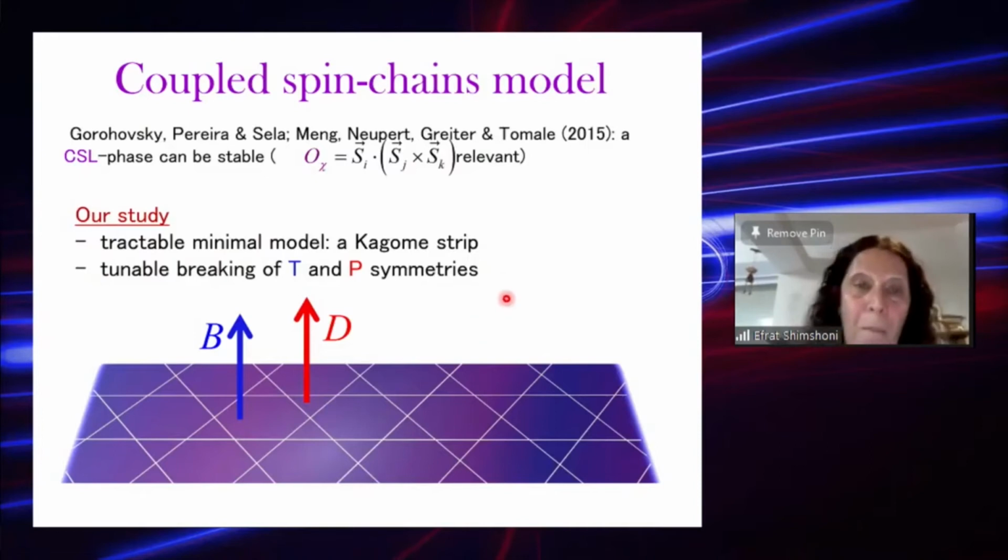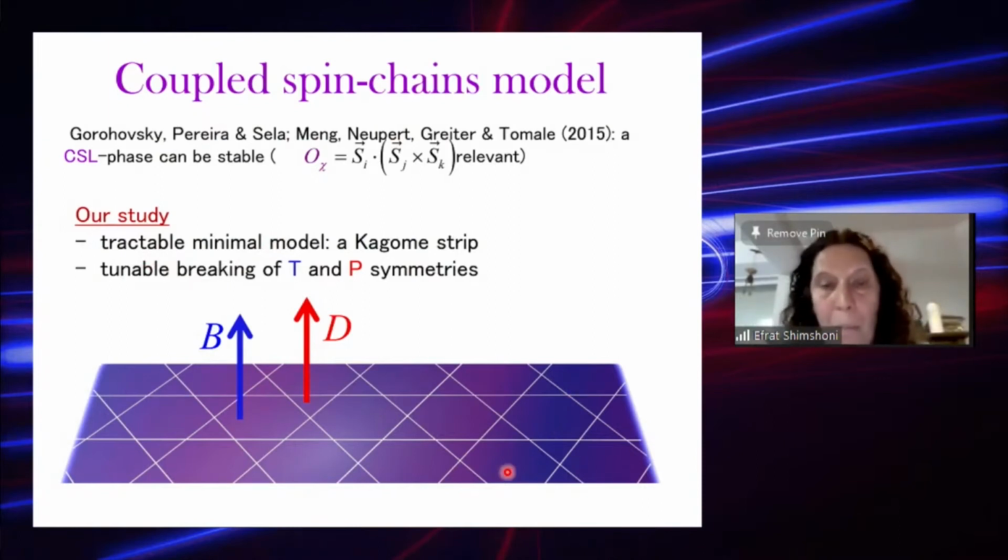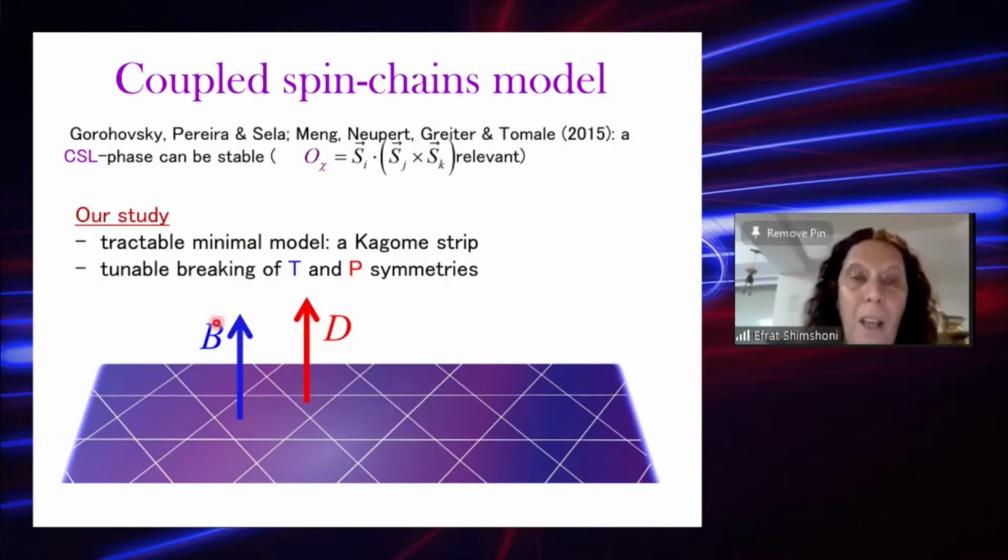So the idea was the following. We introduce a tractable minimal model, which is actually quasi one-dimensional, but it has the minimal size to mimic what happens in the full-fledged two-dimensional case, and it's a Kagome lattice structure, a Kagome strip, and we assume that there are two external fields.